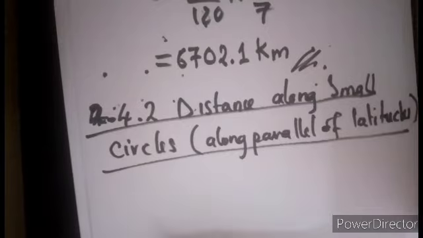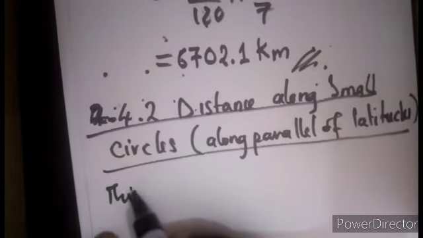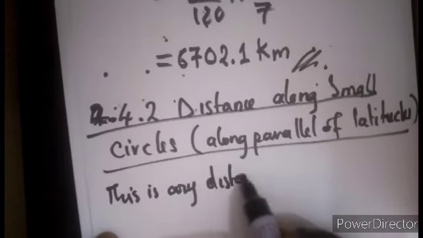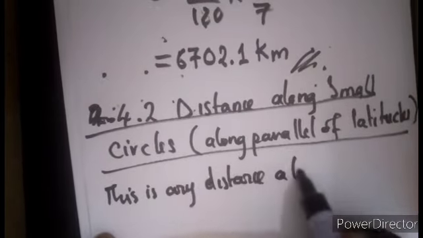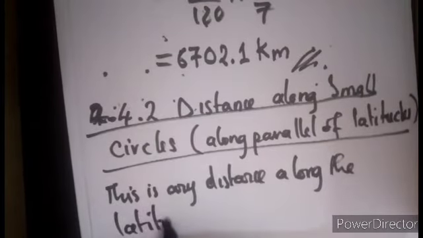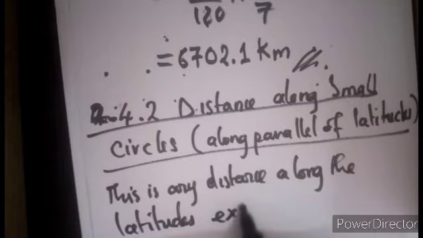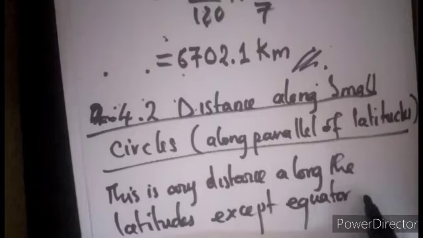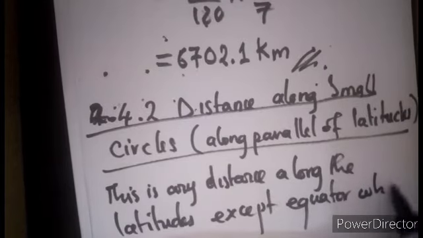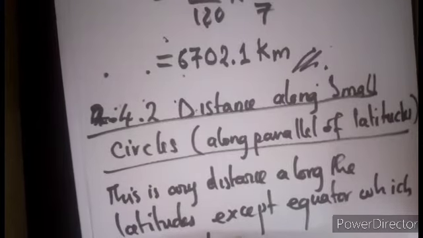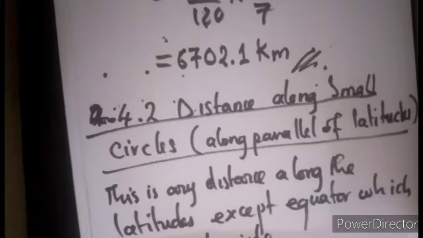Now these are actually any distance along the latitude except the equator, which is a great circle.